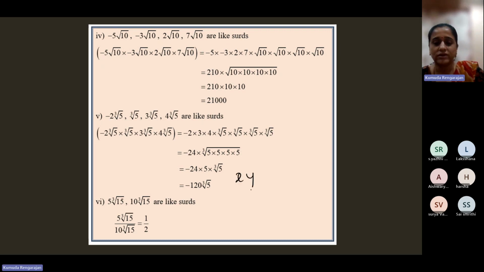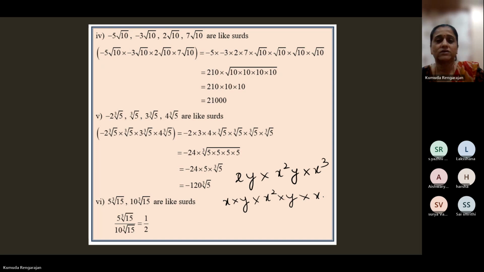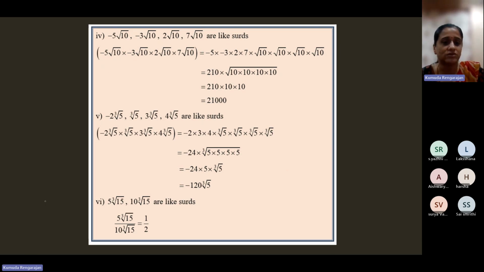See, when you have xy into x square y, it means x into y into x square into y. It's multiplication everywhere. So it's minus 5 into root 10 into minus 3 into root 10. It's multiplication everywhere.